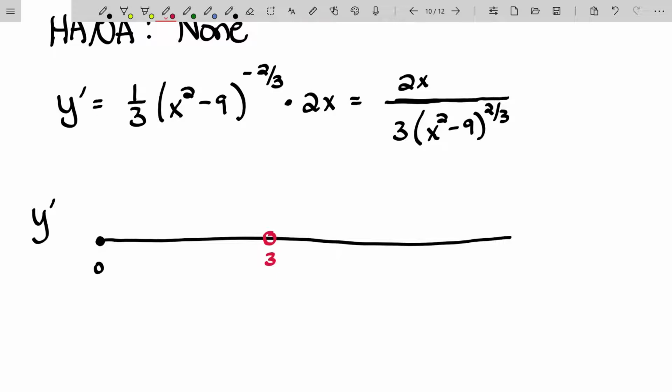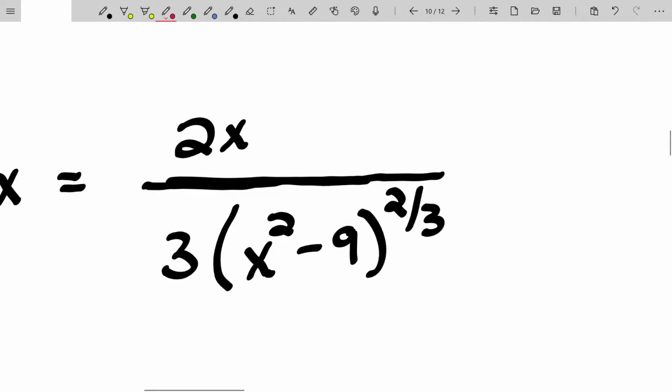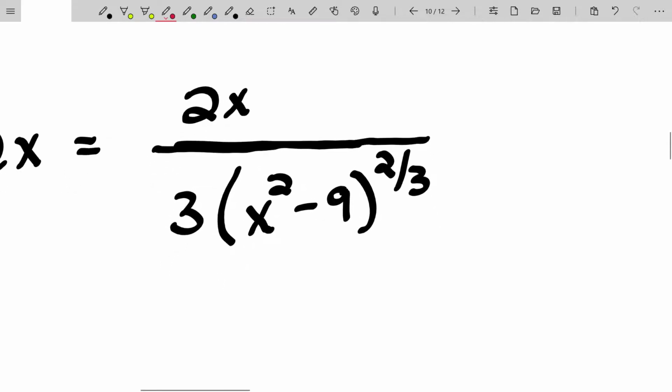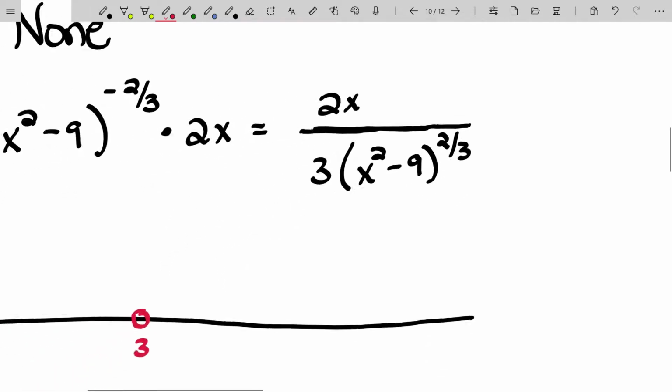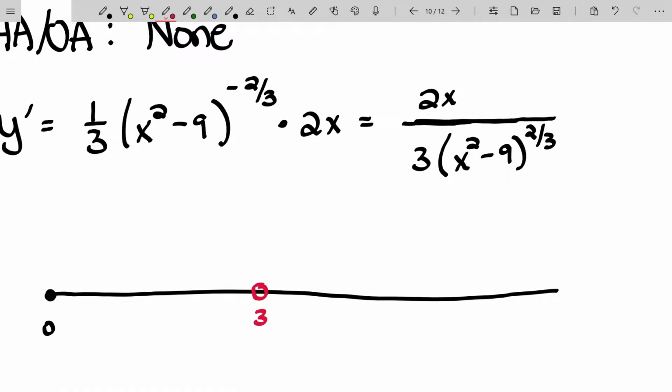What is y prime at a number between 0 and 3? Like 1. Y prime at 1 is positive because that numerator is positive and the denominator is being squared. So it's always positive. So I know that this is going to be positive. I should not use red ink for that. I'll use green. It's positive, so our function is increasing on that interval.